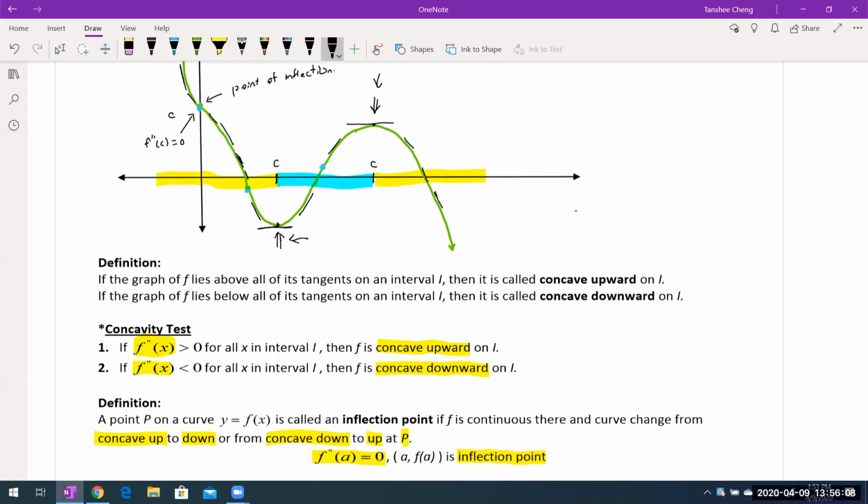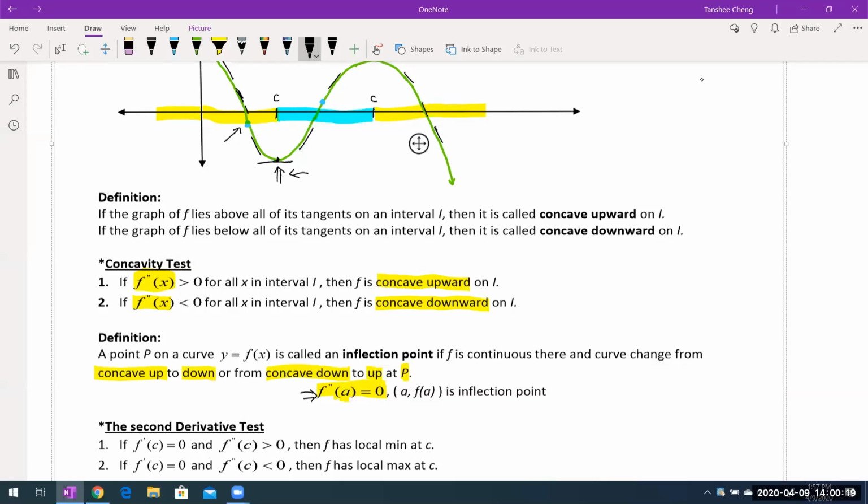So the key part is the change from concave up to concave down. We need to check that, as well as whether f double prime of a is equal to 0 at that particular point P or not. Before I continue, is there any question?